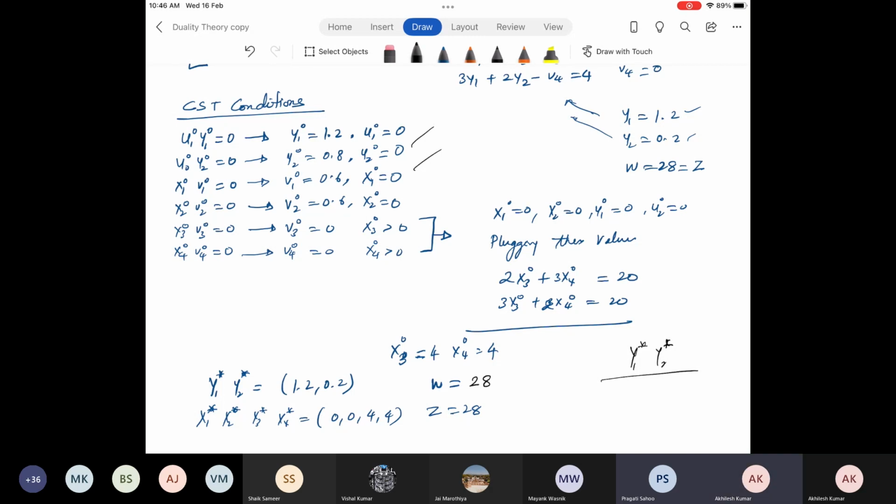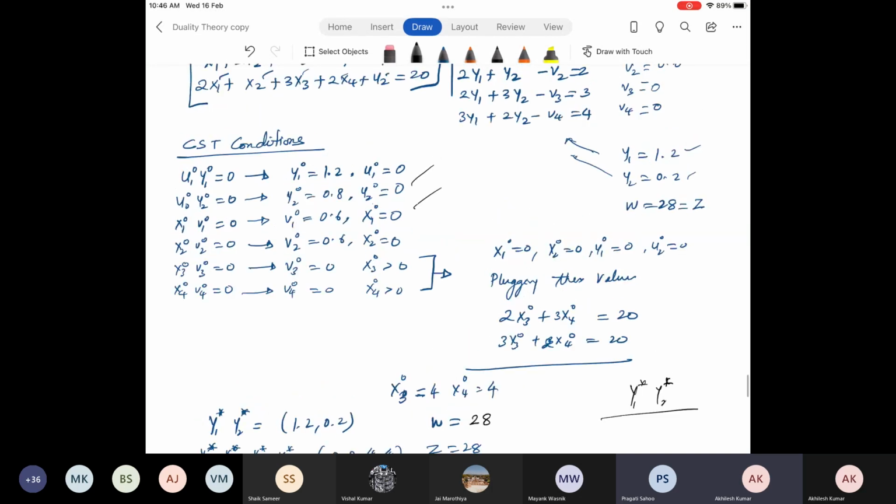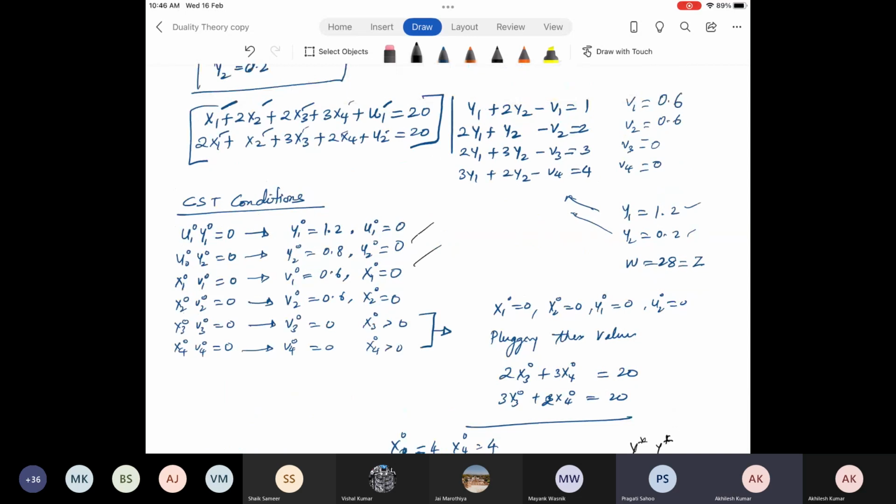So let's also try to understand some inferences from what we have done. If a primal variable is positive, like in case of x3 and x4, the corresponding dual constraint will be satisfied at the optimality or not?